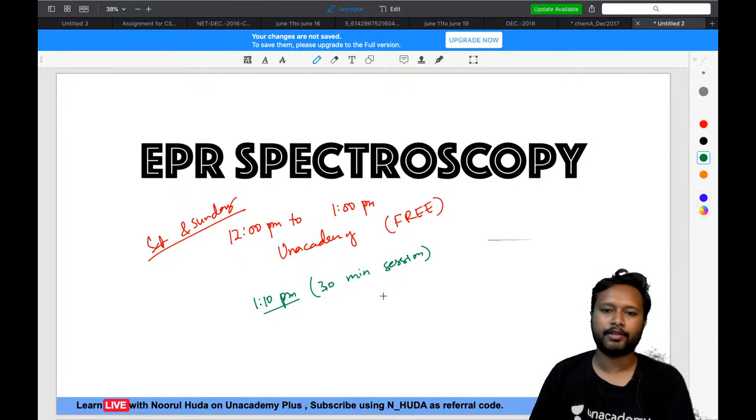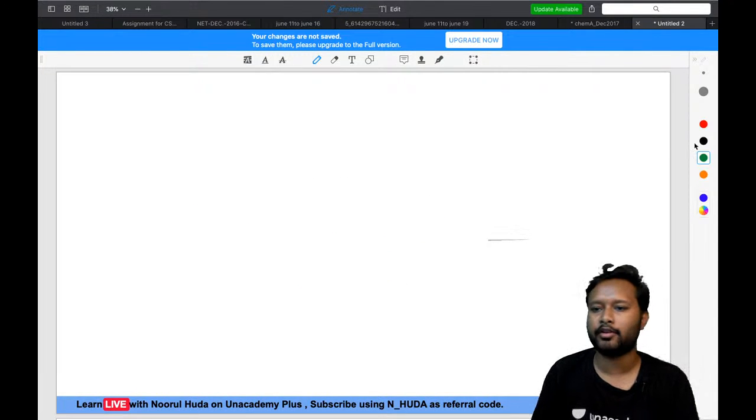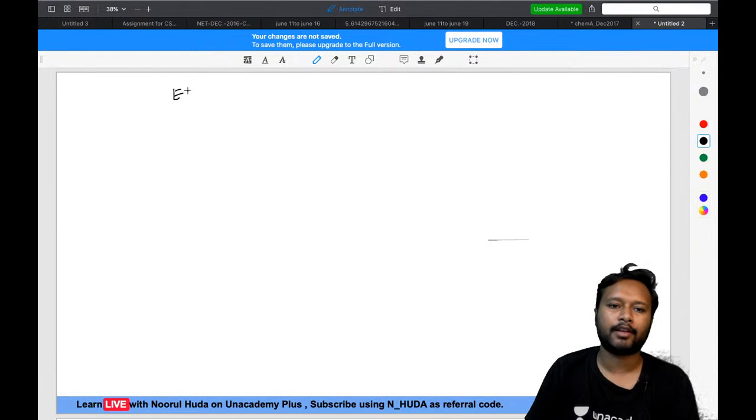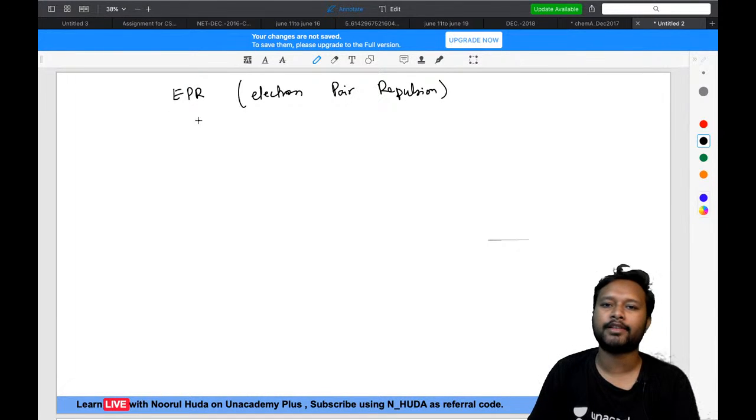Fine. So let's start with it. First of all, in order for a particular molecule to be EPR active, you should know about that as well. What EPR spectroscopy is, this is called electron pair repulsion spectroscopy. There is also one more name of it called ESR, where we take electron spin repulsion, and that's what it is.